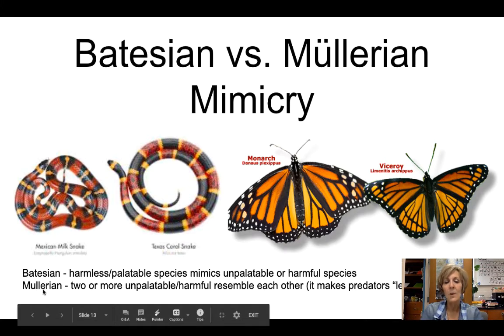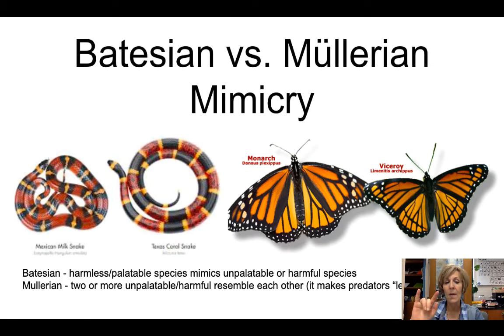We have another type of mimicry called Mullerian, and in Mullerian you have two or more organisms that are unpalatable and harmful that resemble each other to try to make the predators learn faster, right? So yellow and black are colors that are frequently used in nature to do this.